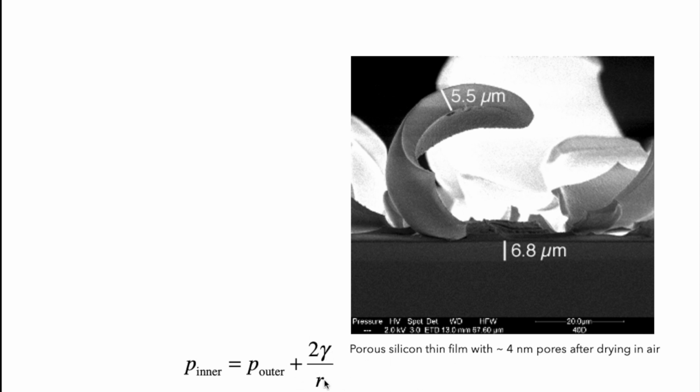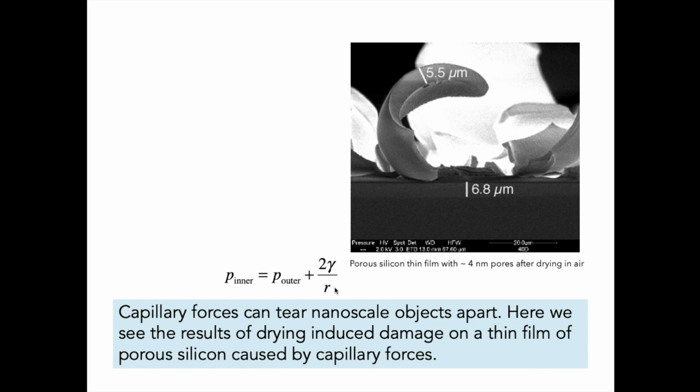Those small pores lead to large forces acting on the pore walls, and it can destroy the porous film when you have such nanoscale type forces. So capillary forces can tear apart nanoscale objects during drying.